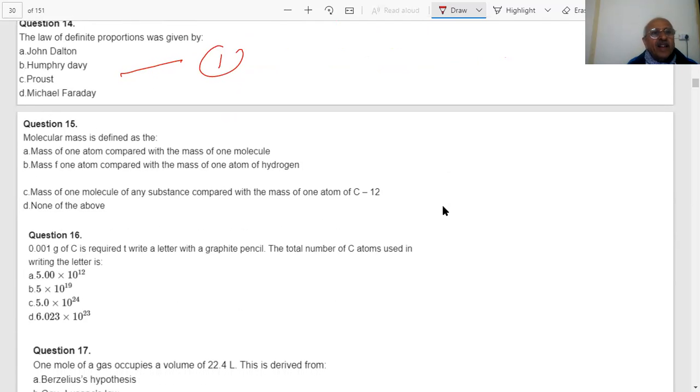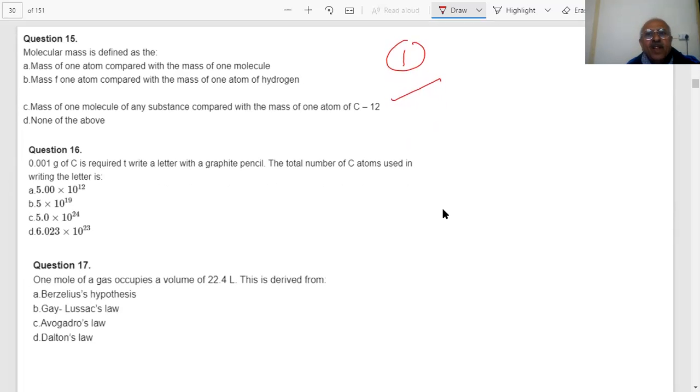Molecular mass is defined as the mass of one molecule of any substance compared with the mass of an atom of C12. That is the correct answer, students.